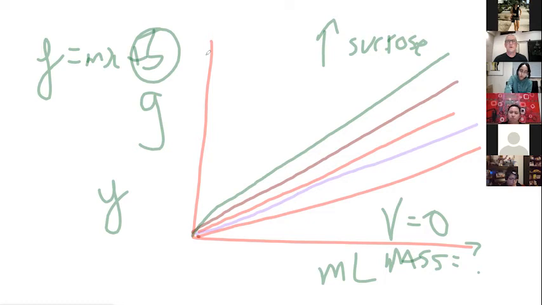When I have no volume, how much mass should I have? 0. 0, that's right. If I don't have any volume, there shouldn't be any mass either. So that's actually a correction we're going to do. And if you remember what we did last week, we actually forced the line to go through 0, 0, which is x equals 0 and y equals 0.